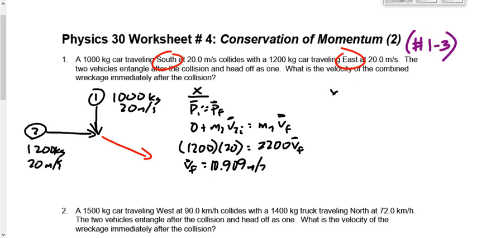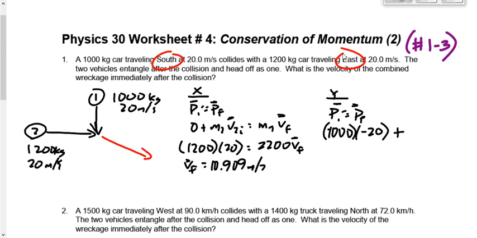Now let's do the y component. This time, Calvin, what's M1 V1i? We have numbers for that. We're dealing with the y-axis, so it's going to be 1,000 times negative 20 downwards. Calvin, what's M2 V2i for the y component? 0.